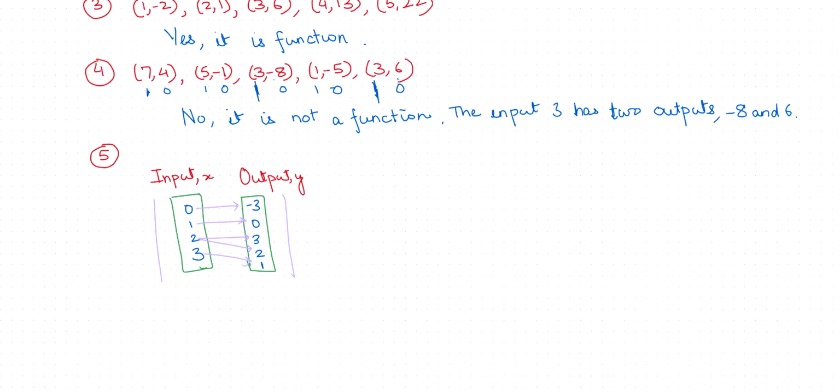But when the input is 2, it has two outputs, 3 and 2. So input 2 has two outputs. For a relation to be a function, any input should have only one output. So this is not a function.